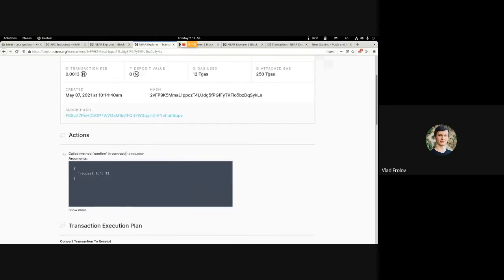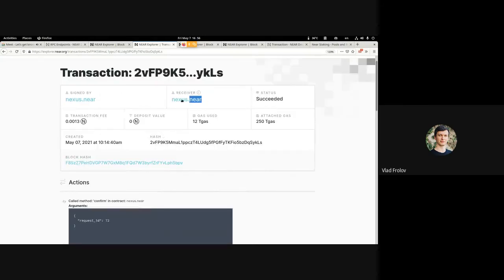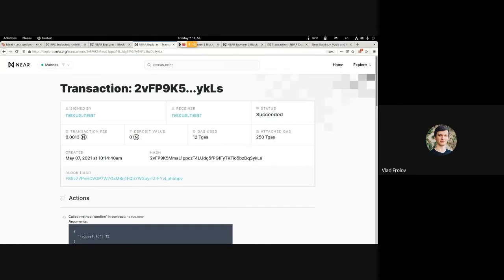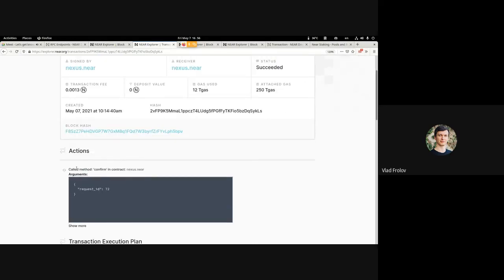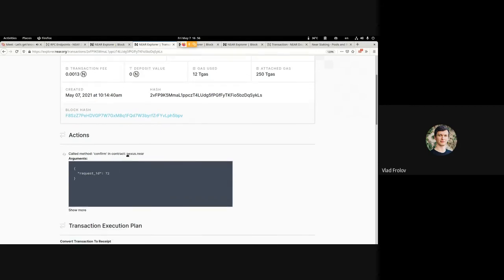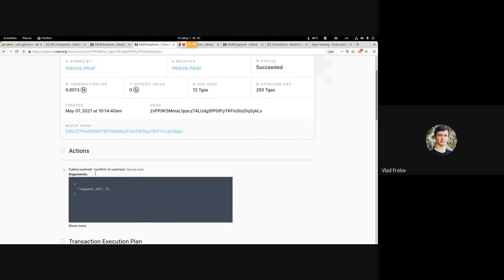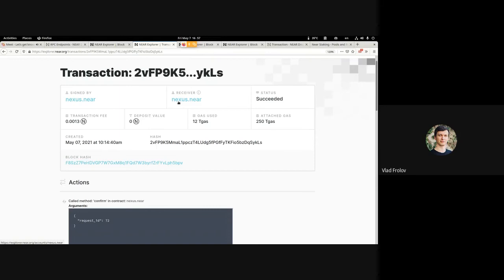So there is a contract deployed on the account itself, and this account creates a transaction, and it wants to call a confirm method on this account. I happen to know what this actually means. It means that this nexus.near account has a smart contract which has a 2FA implementation, two-factor implementation.